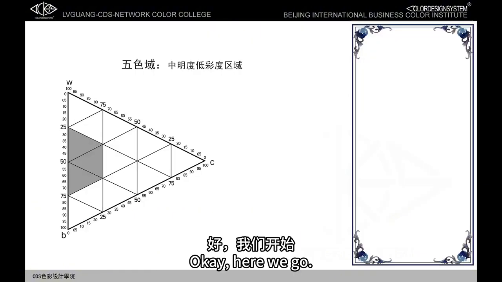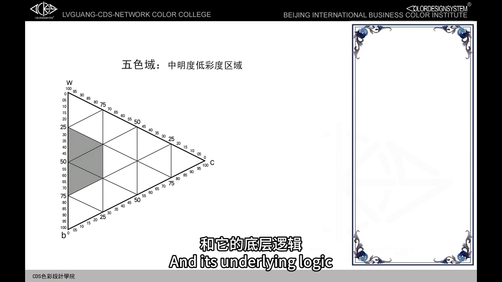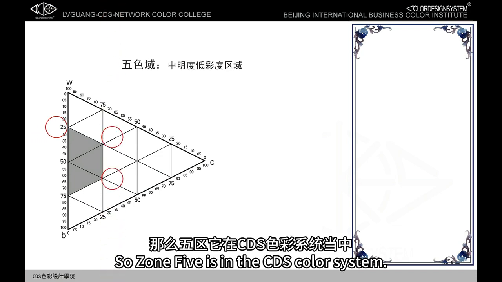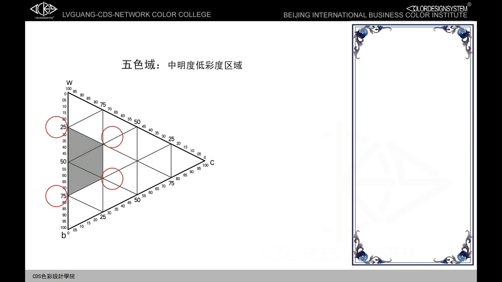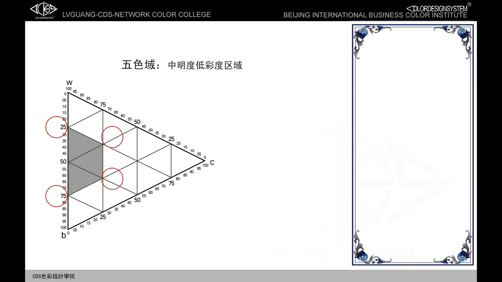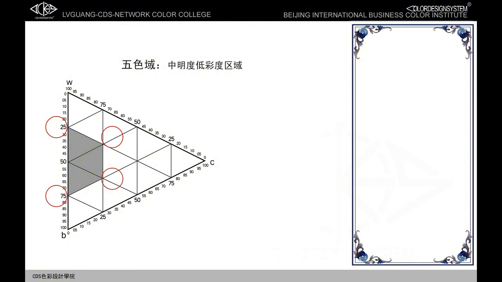Okay, here we go. Let's talk about the color characteristics of the 5th district and its underlying logic. So Zone 5 is in the CDS color system, that is, in its color space. It's in this region of the triangle.